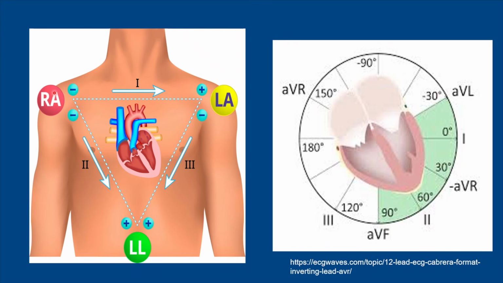And then AVR will come at minus 150 degrees, and AVL at minus 30 degrees, and AVF at 90 degrees. So if you do it like this, lead 1, then lead 2, then lead 3, then AVR, AVL, and AVF, you will get this figure.